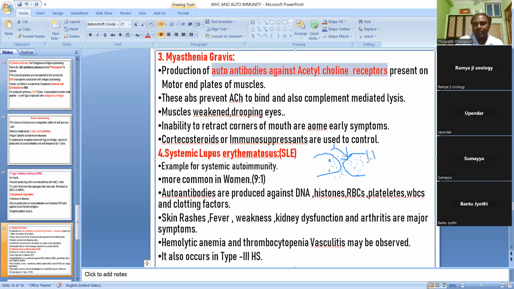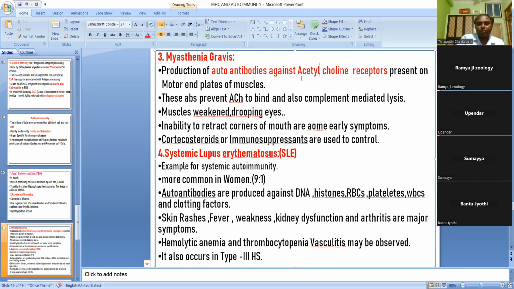That leads to some neurological problems, in which the stimulus cannot be transmitted from one neuron to another neuron. Okay, so that is how the whole thing occurs in myasthenia gravis.